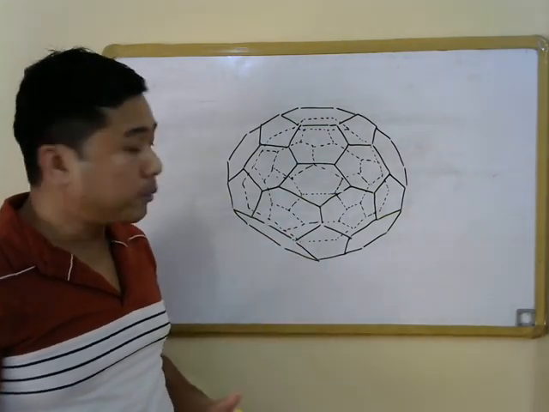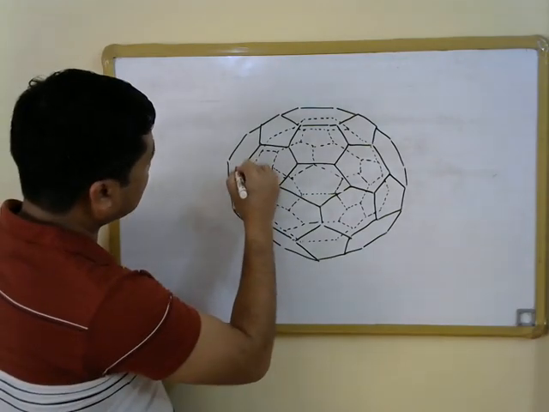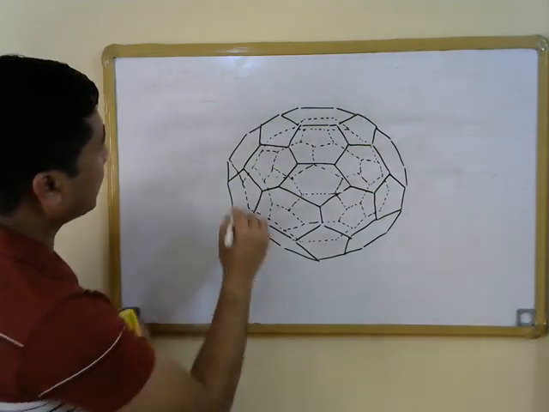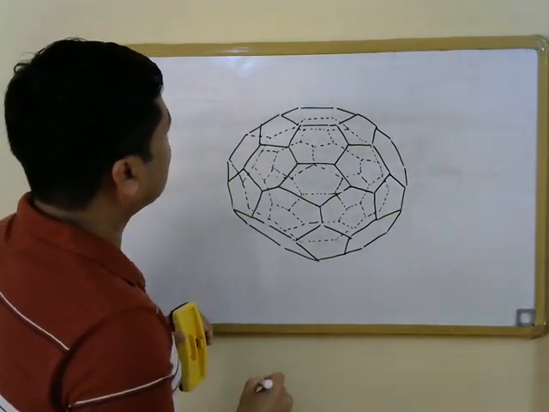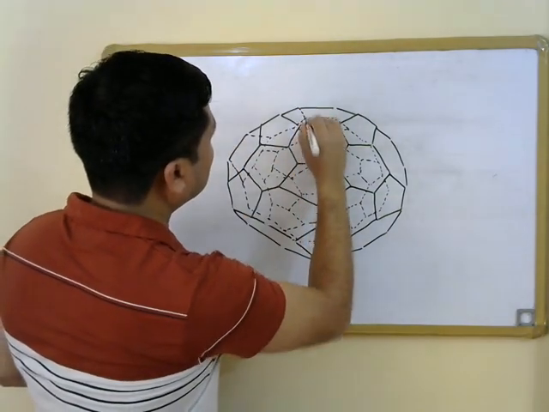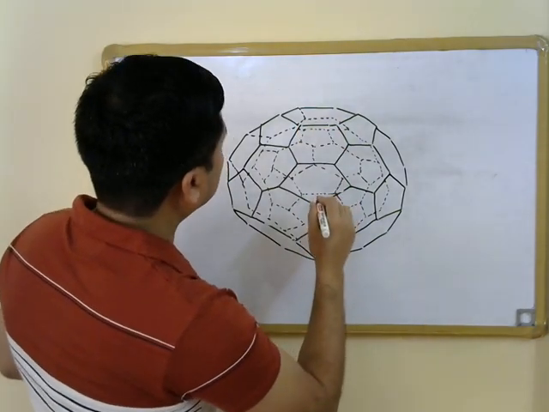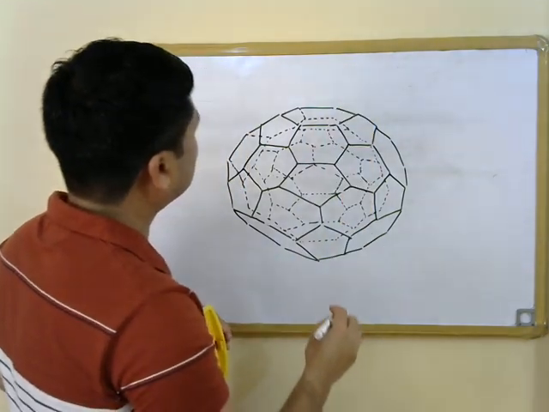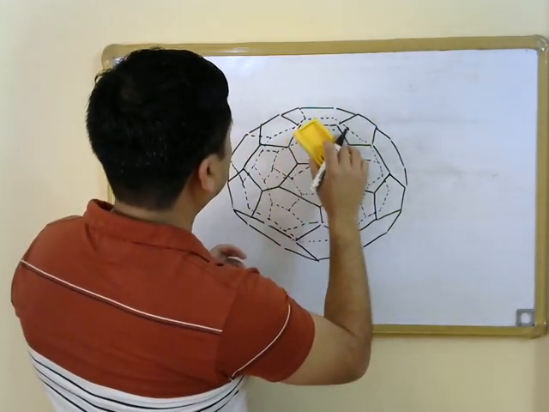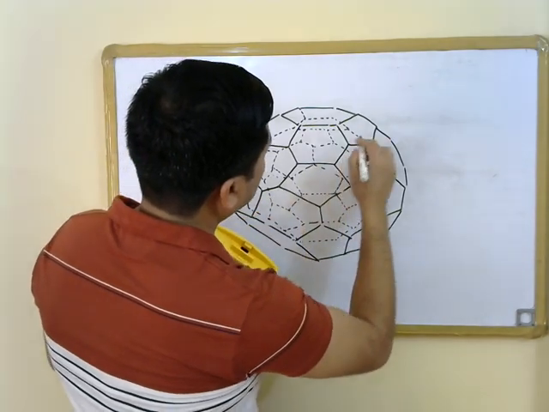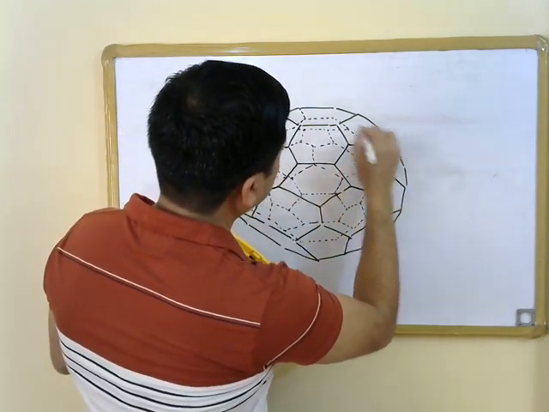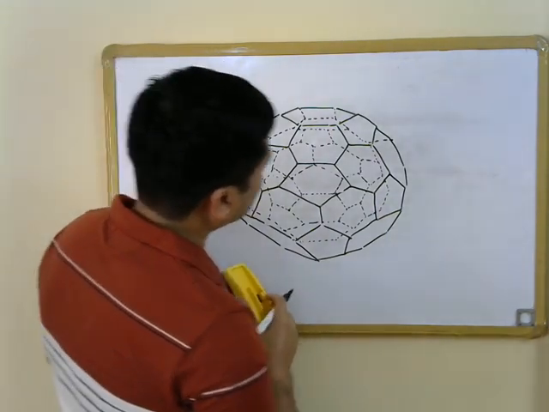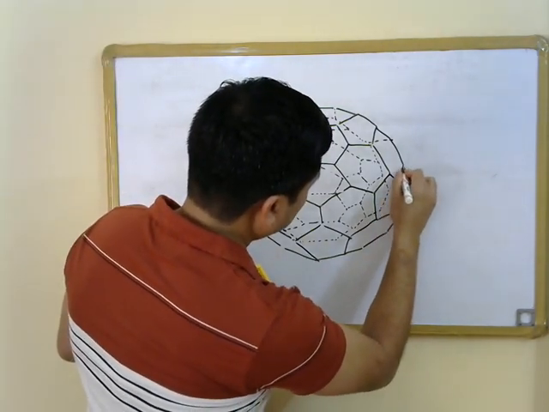So we will connect these two over here and this over here. Similarly, this will be connected to this one here, and this will be connected over here, this will be connected here, so that we make hexagons essentially.